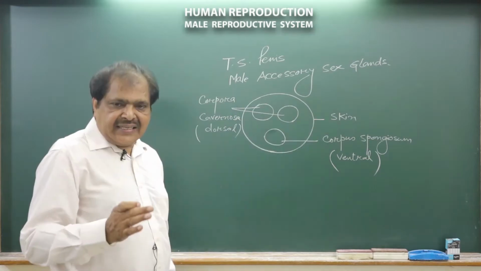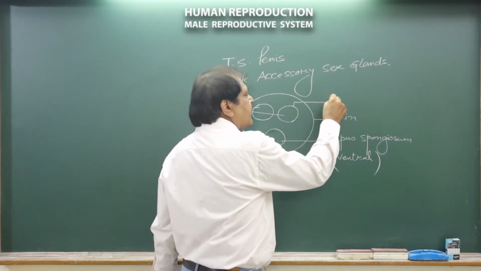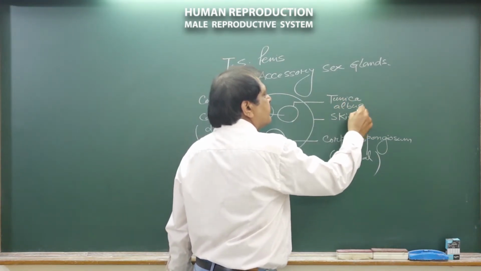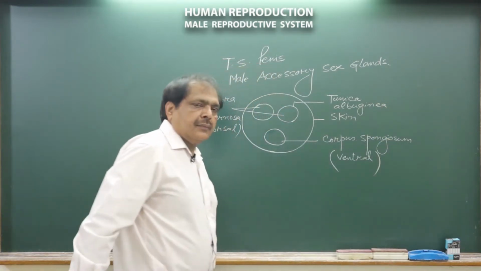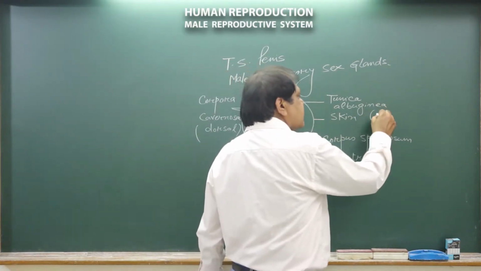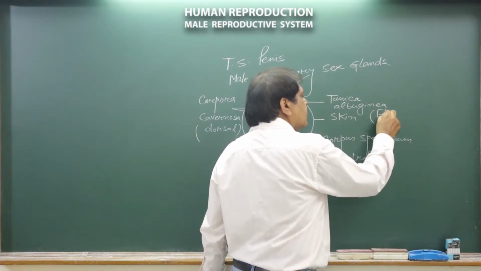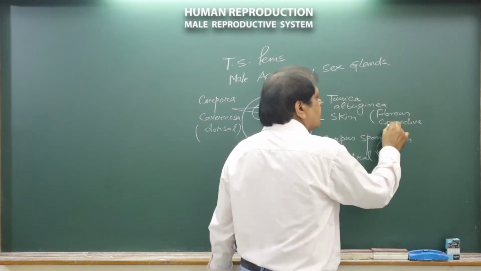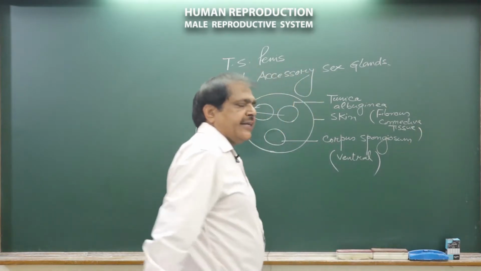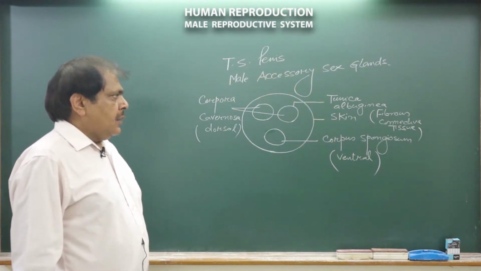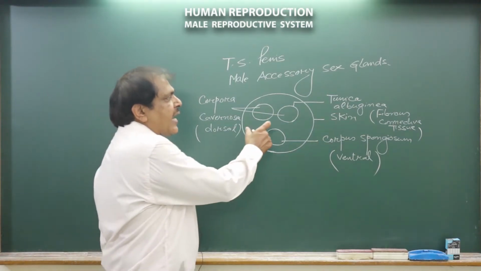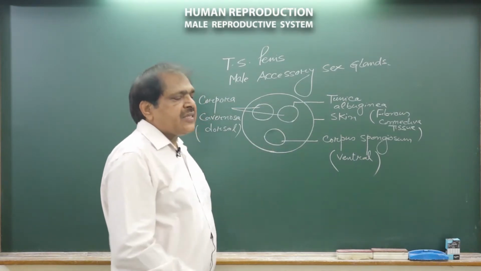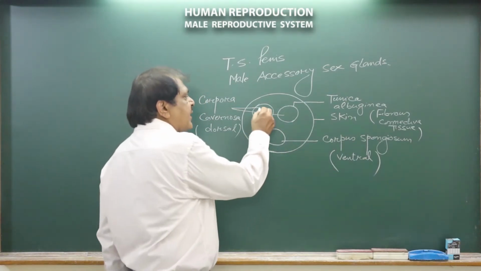The outer layer of the erectile tissues is called tunica albuginea. It is the fibrous connective tissue. Inside the tunica, inside the corpora cavernosa and corpus spongiosum, there are present blood sinuses.